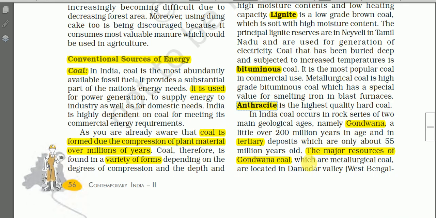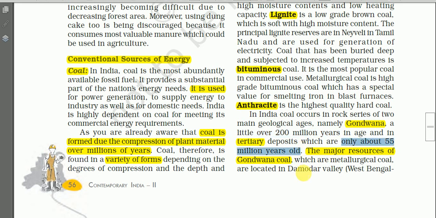And next we have the distribution of coal in India. In India, coal occurs in rock series of two main geological ages, namely Gondwana and Tertiary. The Gondwana series is a little over 200 million years old, and the Tertiary series only about 55 million years old.